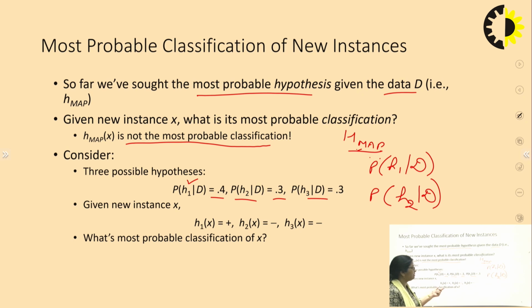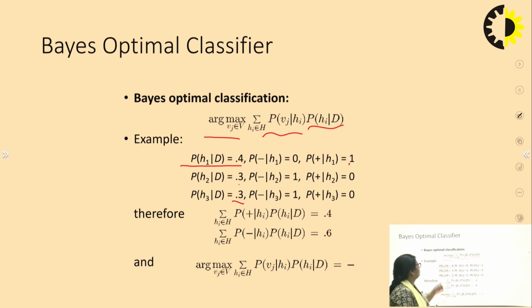We have two classes, positive class and negative class. H1 was saying that it belongs to the positive class. H2 was saying that it belongs to the negative class. So 40%, the posterior probability of H1, was saying that it has the positive class, but the other two in combination were saying that it doesn't belong to this class, it belongs to the negative class. So the positive class probability when H1 is there is 1.